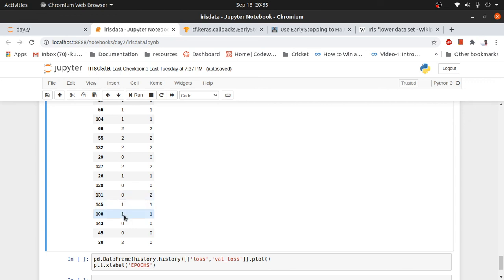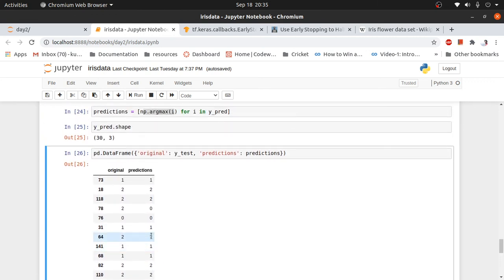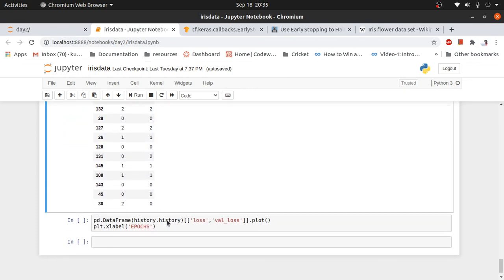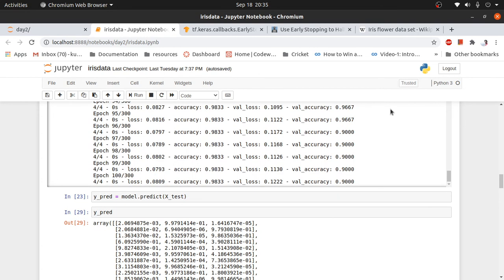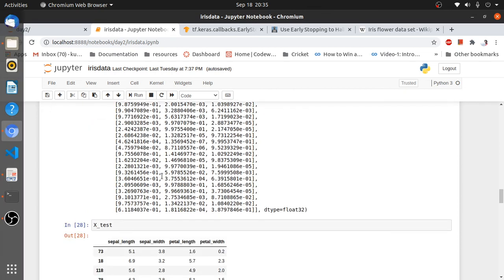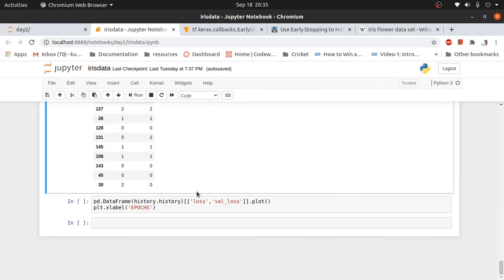So this one is also incorrect. Okay, 3 out of 33 are incorrect. So this is a very good accuracy. Let's see the validation accuracy. See, around 90% accuracy we have. Okay, that is very good.